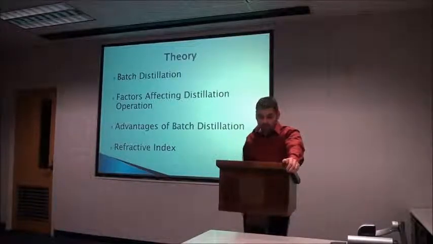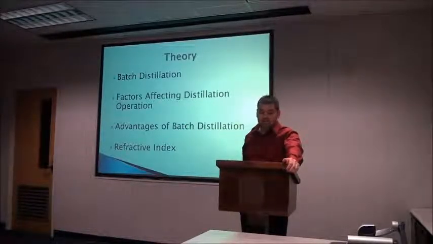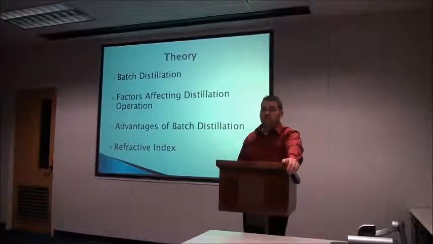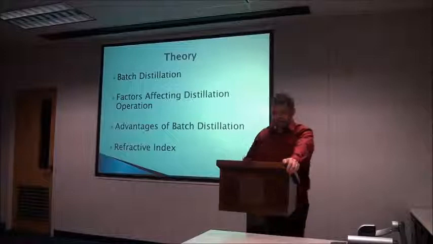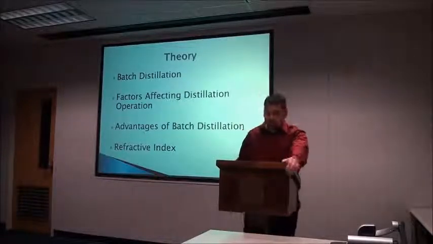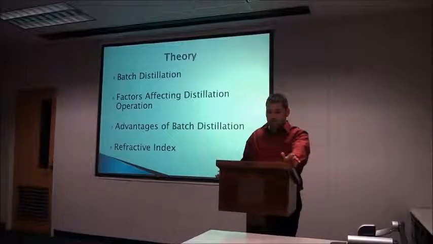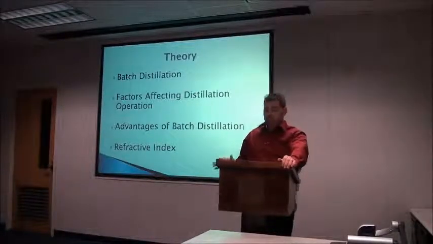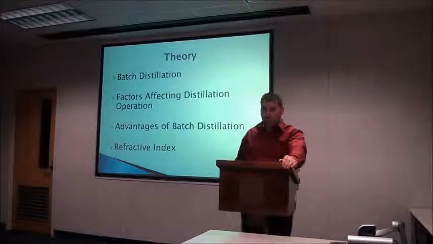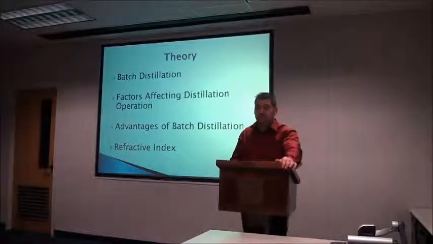So basically, prior to starting the process, the top distillate has a higher concentration of the more volatile substance. In this case, it was methanol. But as time passes, the top distillate becomes lower in concentration, or the methanol has a lower concentration.